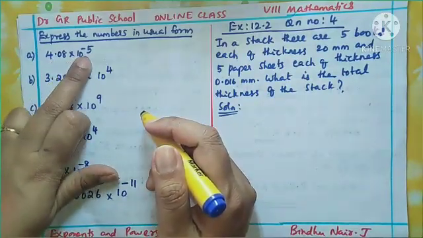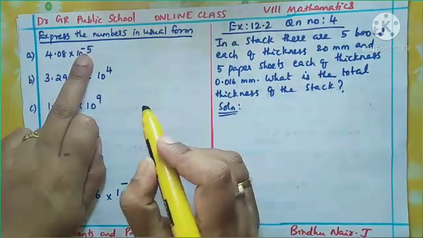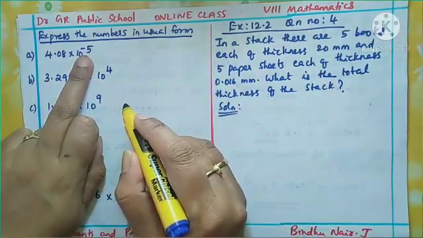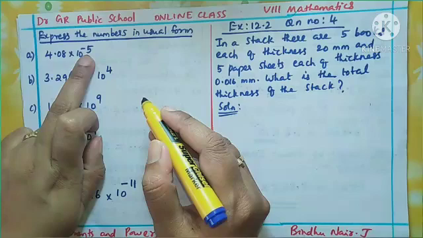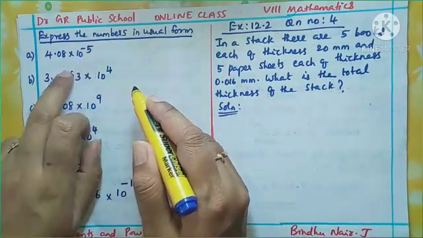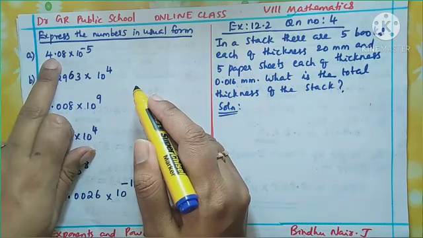4.08 into 10 power minus 5. You know that negative power means you want to move the decimal towards the left side. So here minus 5 means 5 places you want to move left. In this question the decimal was after 4.